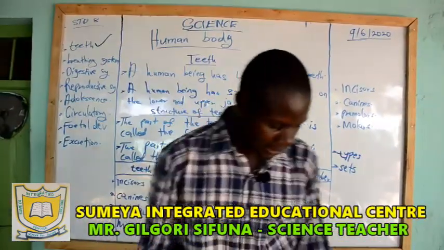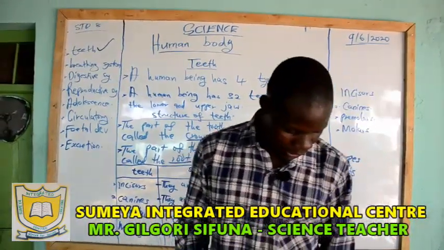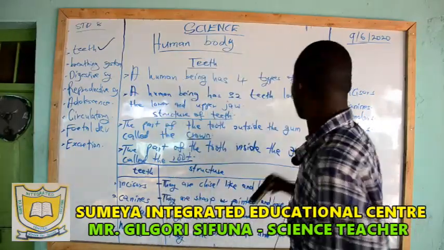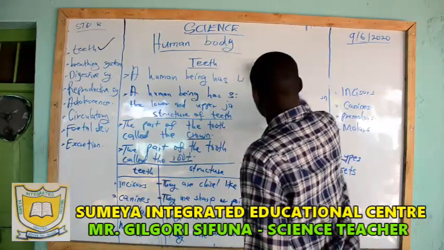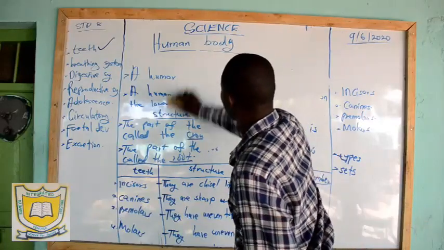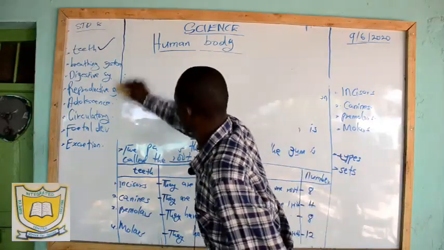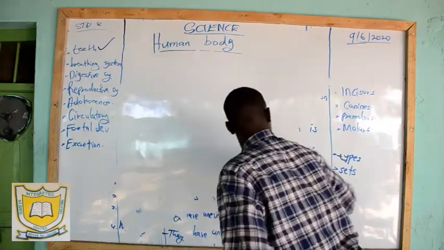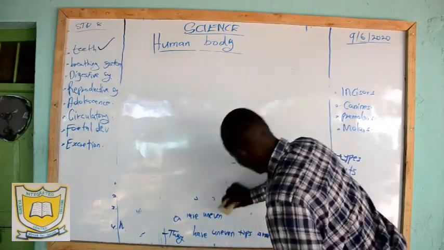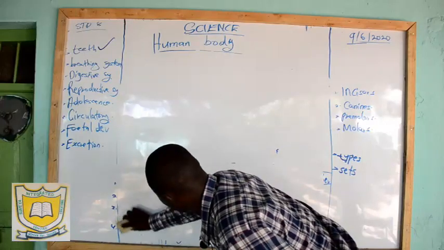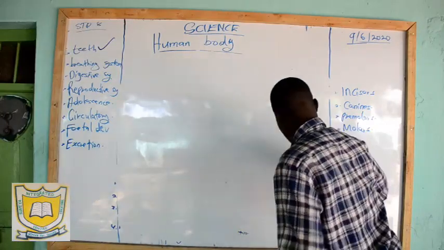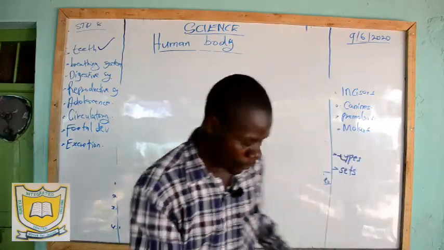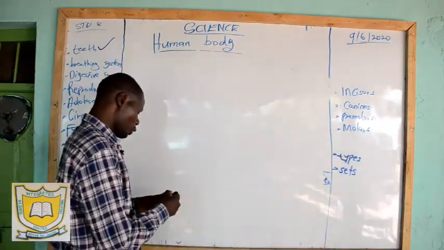Now after the structure, let us talk about functions. What are the functions of teeth? Under the functions, we say that there are 4 types of teeth, all of which serve different functions.